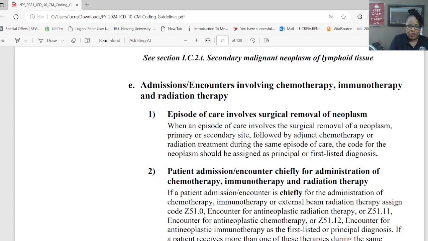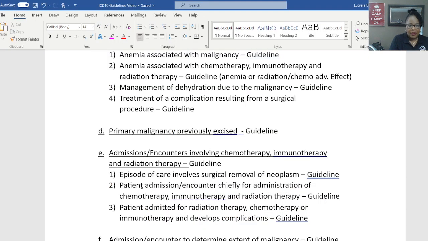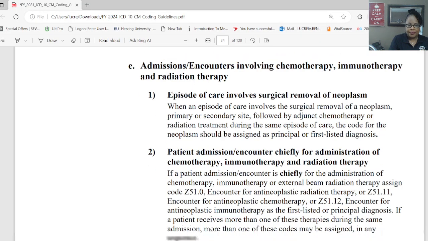All right, let's see what number 2 says. A patient admission or encounter chiefly for administration of chemotherapy, immunotherapy, or radiation therapy. So let's look at 2.